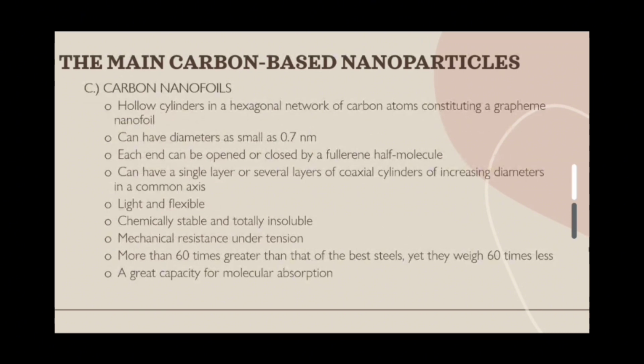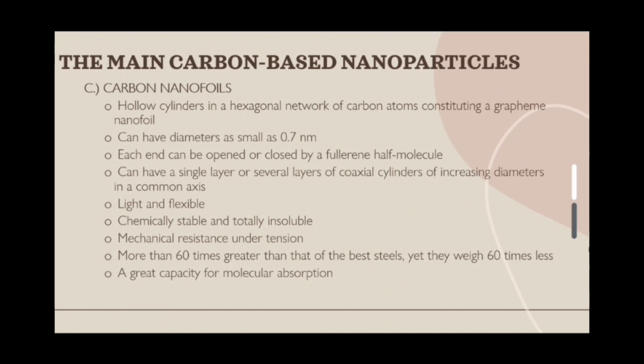Carbon nanofoils are hollowed cylinders in a hexagonal network of carbon atoms constituting a graphene nanofoil. It can have a diameter as small as 0.7 nanometer. They are also thin sheets of carbon with a thickness typically ranging from a few nanometers to a few micrometers. They are composed of multiple layers of graphene stacked on top of each other.